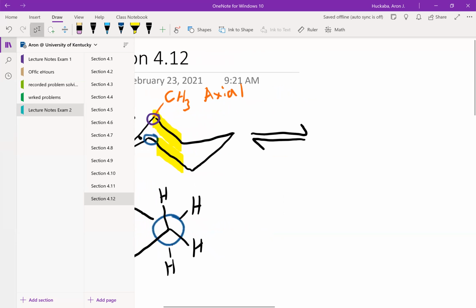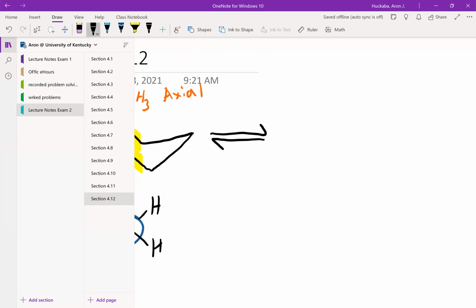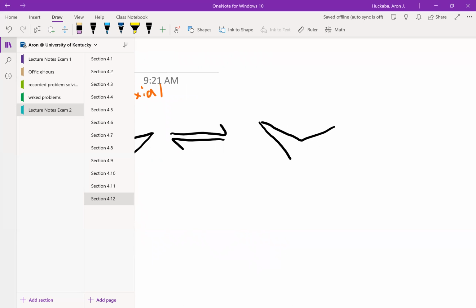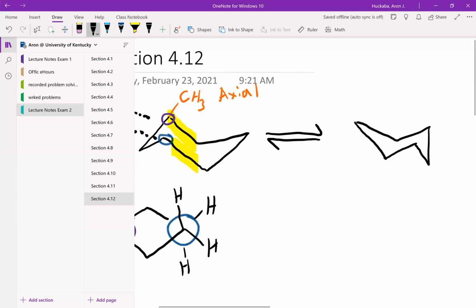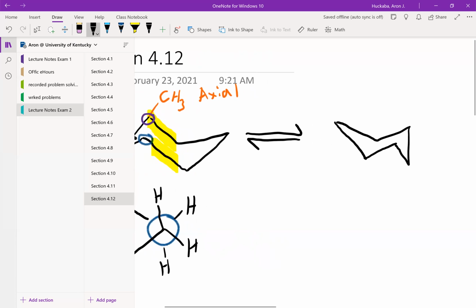And we said that we could have a different type of chair, where now the right side is pointing down and the left side is pointing up.